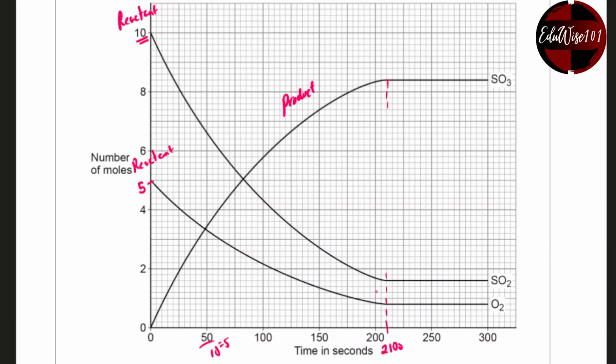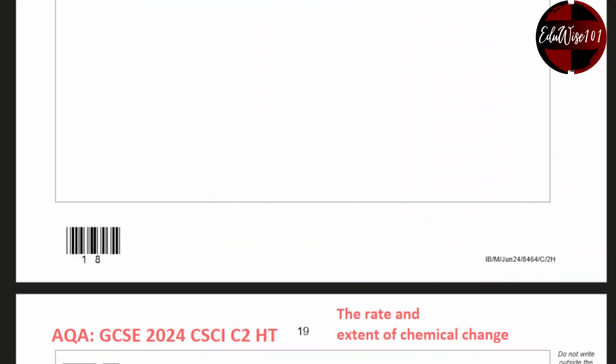At about 210 seconds, the concentrations of the sulfur dioxide, oxygen and sulfur trioxide are remaining the same, which means the forward and the backward reactions are exactly the same. So the concentrations are not changing. That means this is the time at which equilibrium is reached. And that's going to be useful probably for the next question.